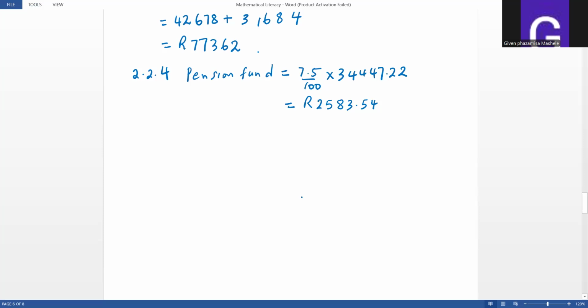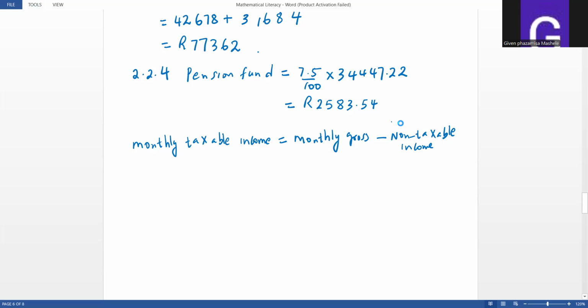Do we have UIF? It's not there. There are no donations. So let's first calculate the monthly taxable income, because this is given on a monthly basis. We take the monthly gross income minus the monthly non-taxable income.